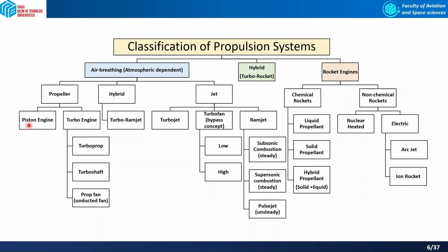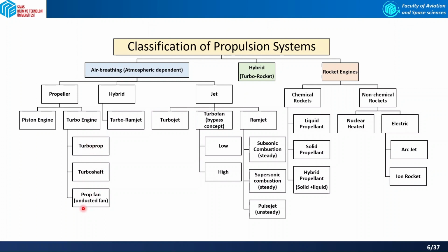But newer propeller type engines exist. We call them turbo engines. Actually, they are using a jet engine, I mean the jet engine concept, but they are rotating a propeller. So as you see, there is a turboprop, there is a turboshaft, and also there is a prop fan, or in other words, unducted fan.